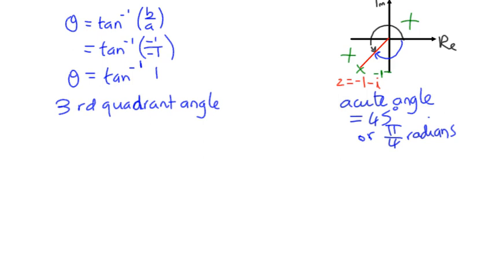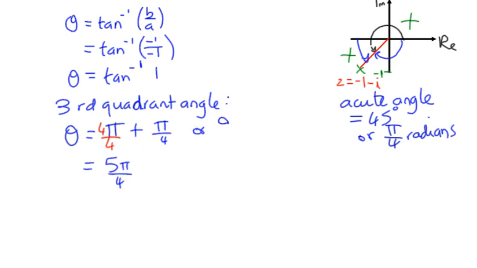The way we get into the 3rd quadrant is by taking 180 degrees, or I'm going to start with radians here, and to get into the 3rd quadrant, we add on the acute angle of pi over 4. We can think about pi as being 4 quarters, because we're dealing in quarters. 4 pi over 4 plus 1 pi over 4 is 5 pi over 4 radians.